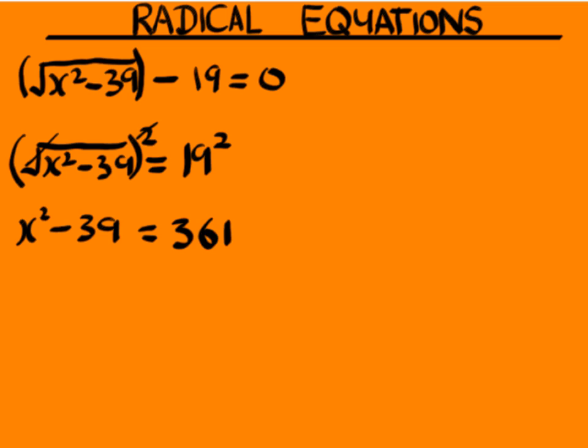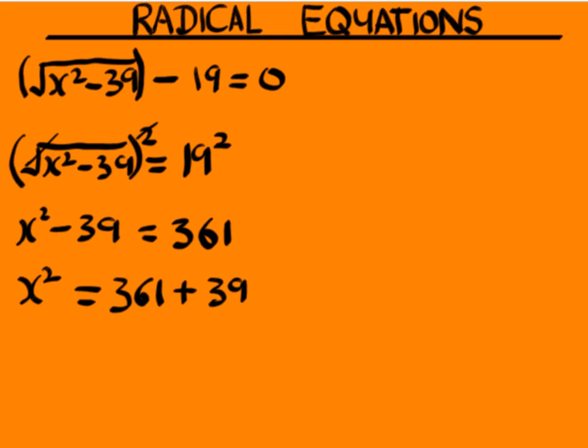Now to find our x, we're going to have x squared. We have to move negative 39 over the equation sign, so this gives us 361, and minus 39, moving it over the equation sign, becomes positive 39. So this gives us plus 39.